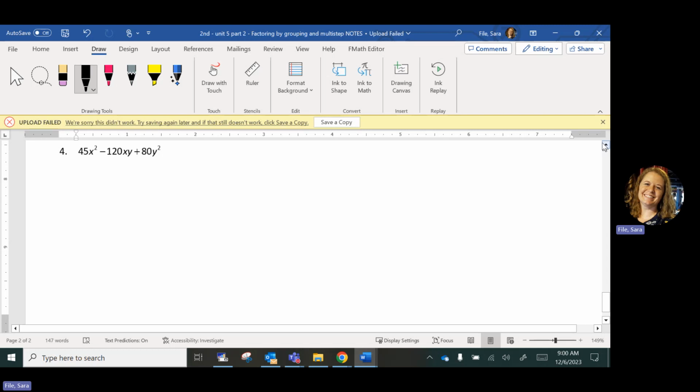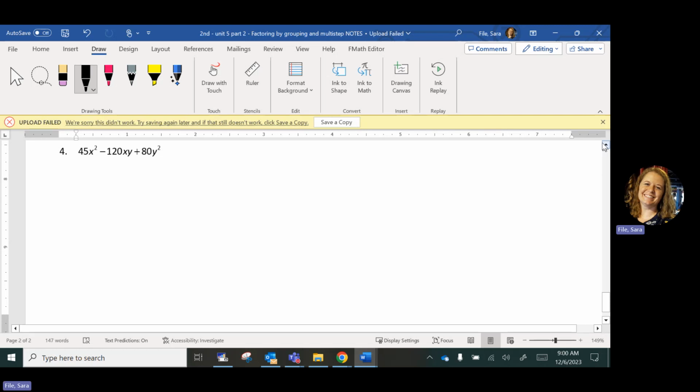And I think that's divisible by more. Let's see. 45 is divisible by 9. Let's see, 120 would not be divisible by 9. So about 15. 45 can divide by 15. 120 can divide by 15. 80 cannot.